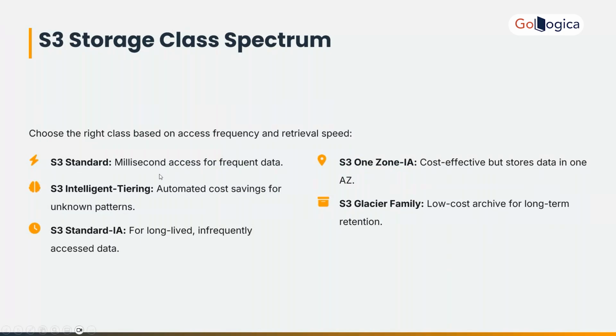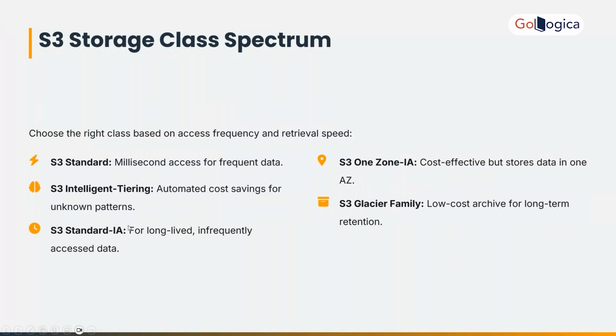There will be some automation cost, but when data is not being used or accessed, it will save your storage cost. When you have unknown access patterns for your data, you can go for Intelligent-Tiering.